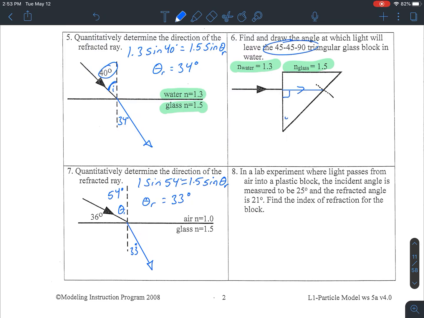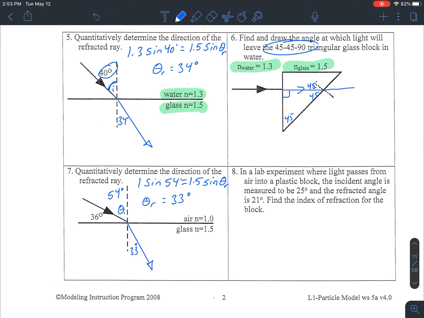So we know this is 90, and this still was 45, so that must mean this is 45. So if our angle of incidence right here is on the other side of this 90, because our normal line has to be 90 degrees, this is also 45 degrees. So a little bit more thinking involved for this one, but nothing new that you haven't learned before, probably a few years ago in geometry.